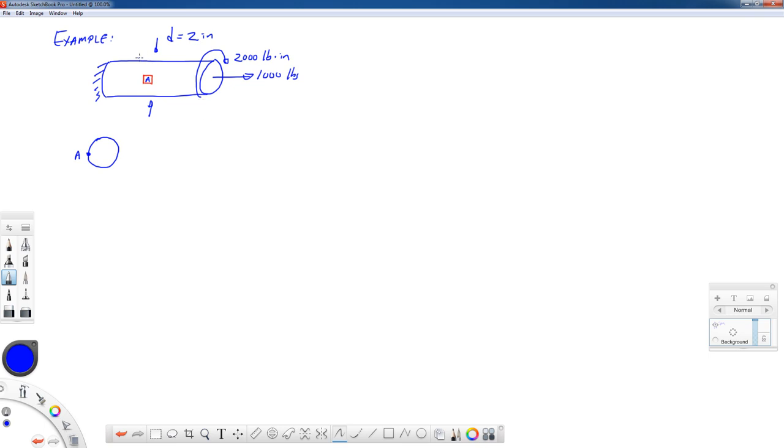So I'm going to cut this just a little bit to the left of this point A. I'm going to redraw this structure and draw everything to the right of that cut. That includes all the loads that are on it. So there's the 1,000 pound force, and then here's the torque of the 2,000 inch-pounds. Let's go ahead and draw point A on there as well. So it's sitting right there.